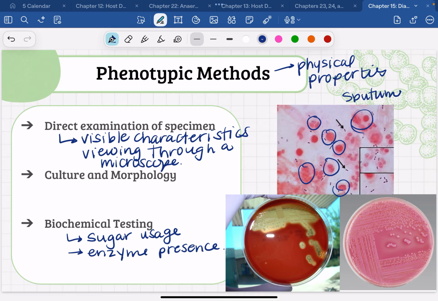Again, you don't have to know for this class the specific types of biochemical tests. Most of them, again, are testing for whether an organism can use a certain sugar.